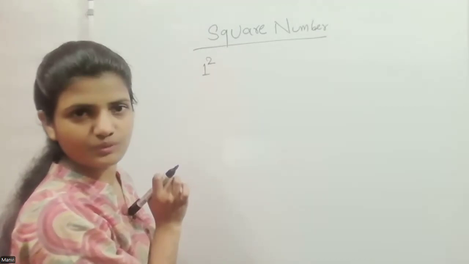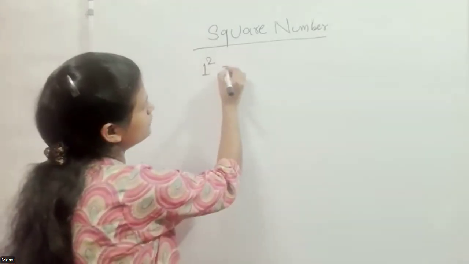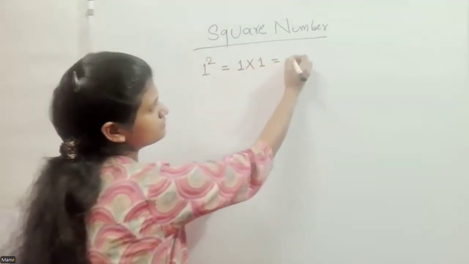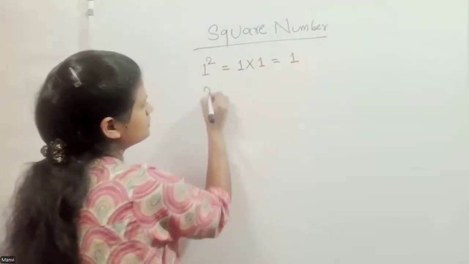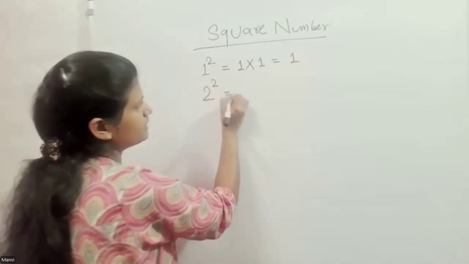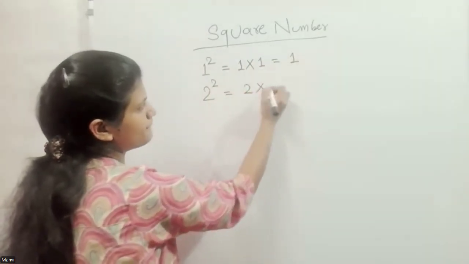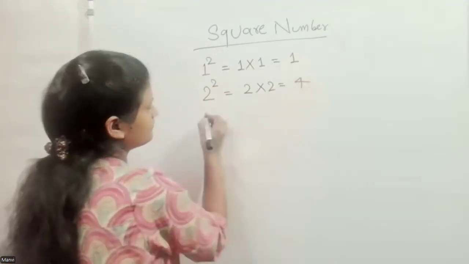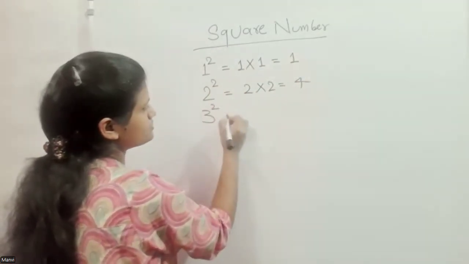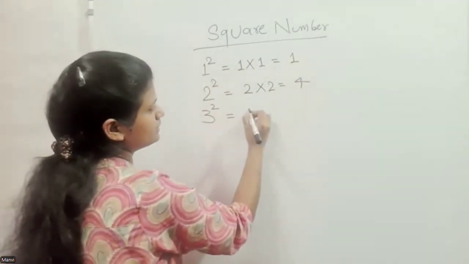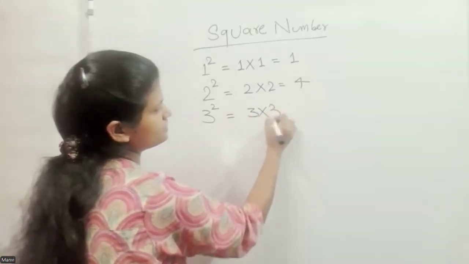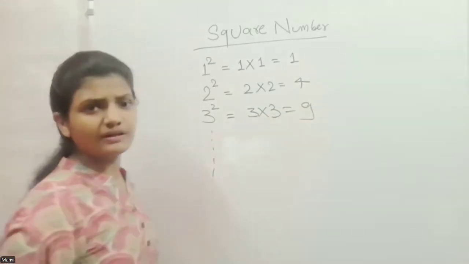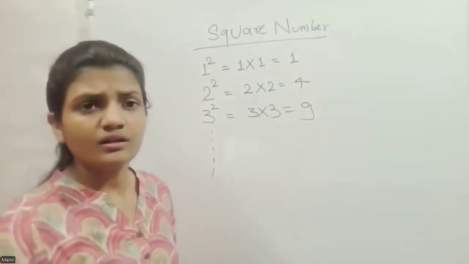So 1 squared equals 1 multiplied by 1, which is 1. 2 squared means 2 into 2, which equals 4. Then 3 squared is 3 multiplied with 3, which is 9. Similarly, we could write the square numbers of every number, right?